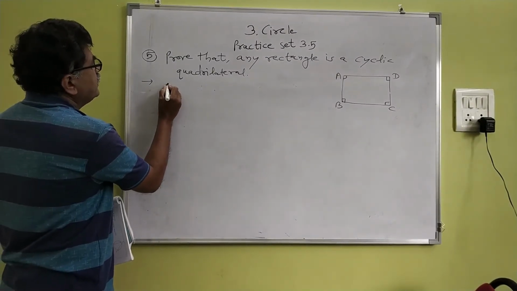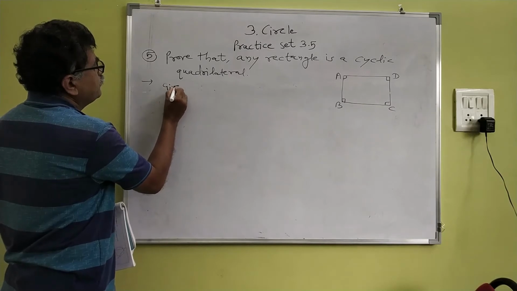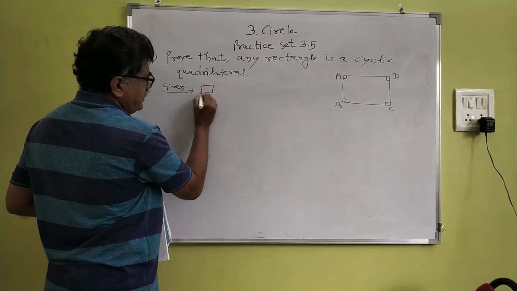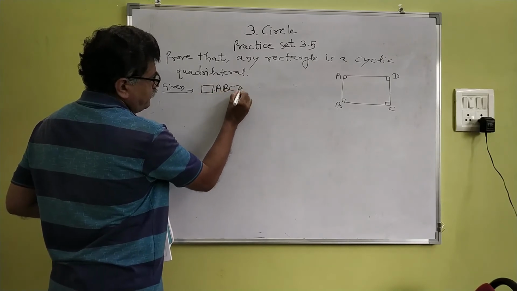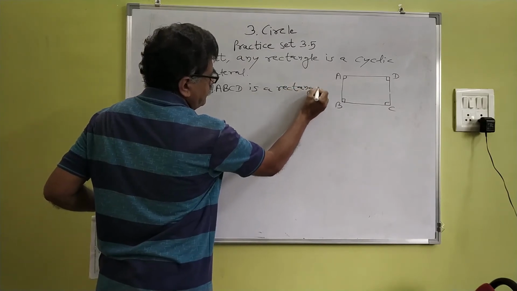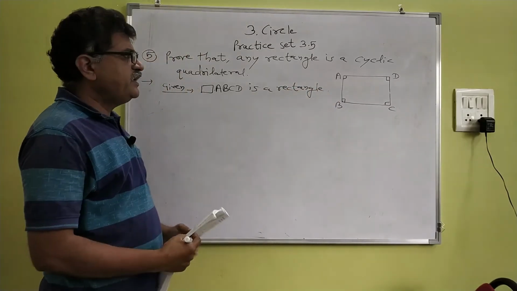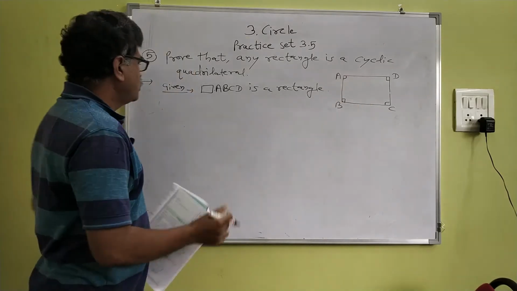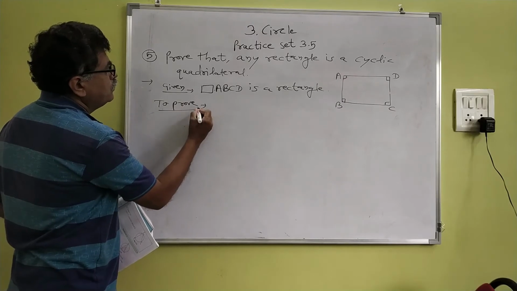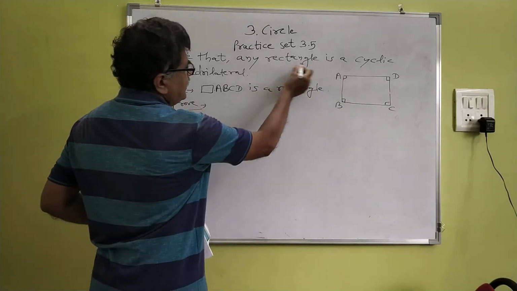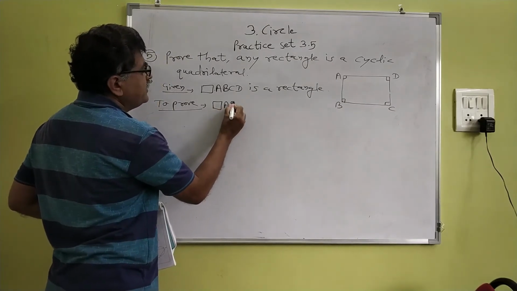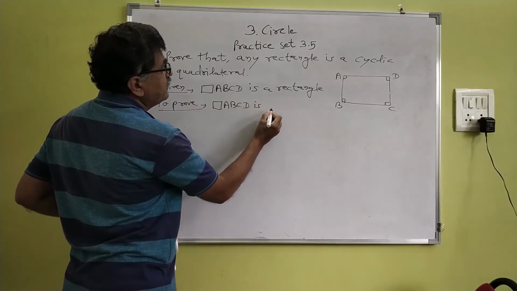Now here, write down given: quadrilateral ABCD is a rectangle. To prove: quadrilateral ABCD is cyclic.